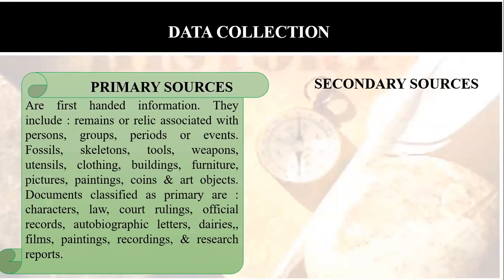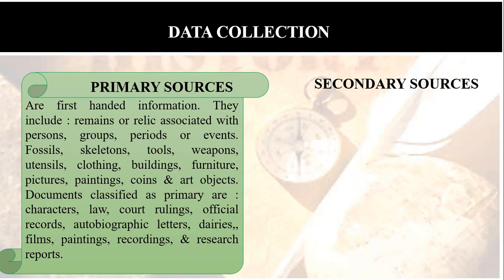They include the main or unique associated persons, group figures or events, fossils, skeletons, tools, weapons and utensils, clothing, buildings, furniture, pictures, paintings, coins, and art objects. These are all already available in Egyptian history. We found the mummified fossils of crocodiles, cats, dogs, and all the pet animals used by Egyptian pharaohs.